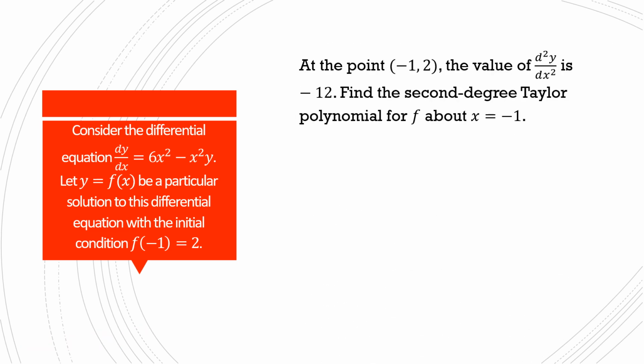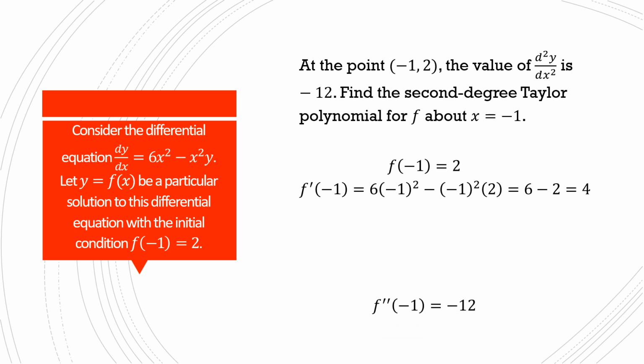All right, so it says at the point (-1, 2), the value of the second derivative is -12. So we need to find the second degree Taylor polynomial for f about -1. So they tell me that f of -1 is 2. I can start there. Now I know I need the derivative at -1. So I'm literally going to plug in (-1, 2) into my derivative to get 4, which we had earlier from Euler's.